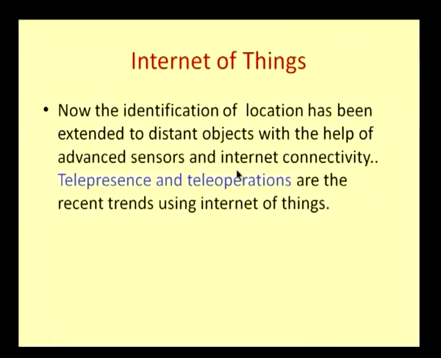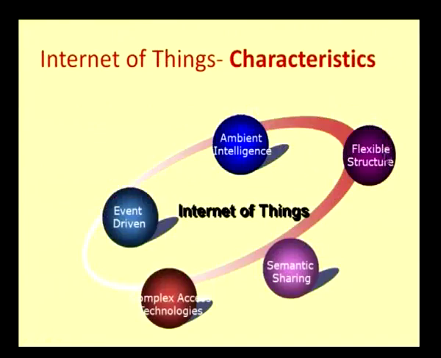Now, in the Internet of Things, we have started with RFID, and it is used for locating the distant objects, the presence of the particular person in a particular location, all those things are happening. Now, telepresence and teleoperations are the recent trends using Internet of Things. Here, when you consider the characteristics, you are having the flexible structure. By having the Internet of Things, you are having the flexibility. Semantic sharing is possible.